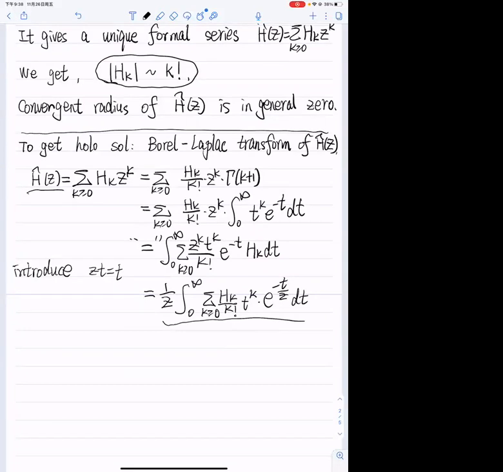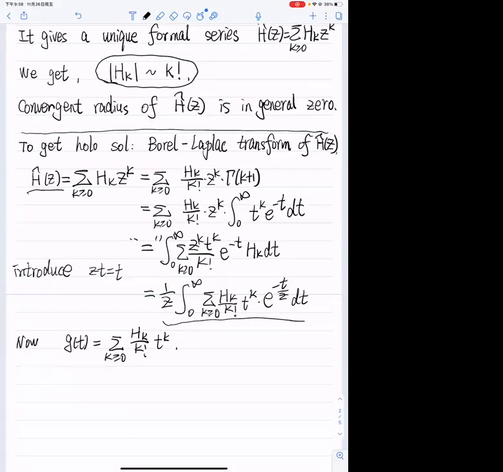Now, if I define a function gt by the integrand, recall that the formal power series H hat.